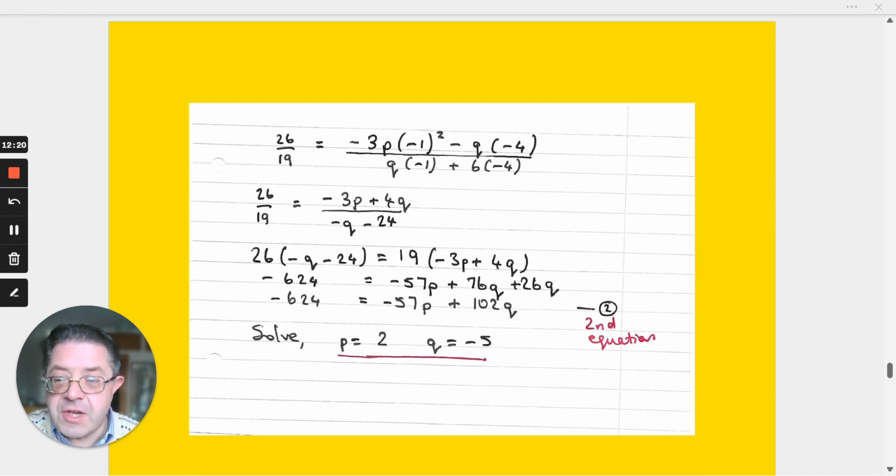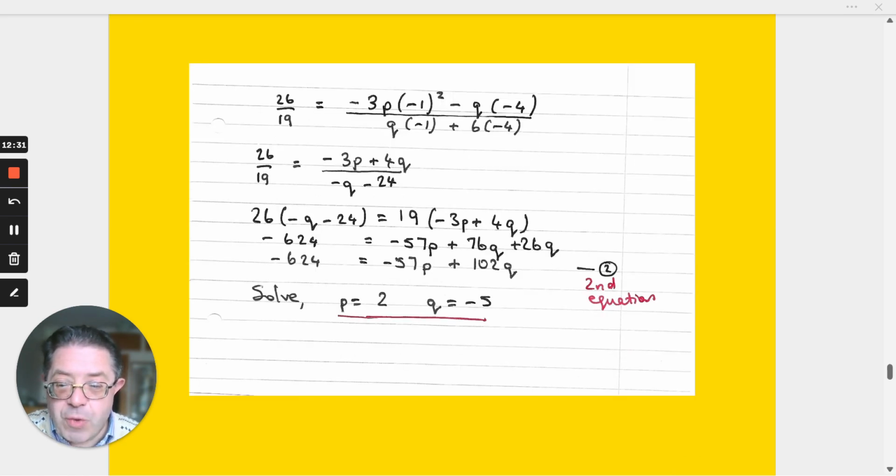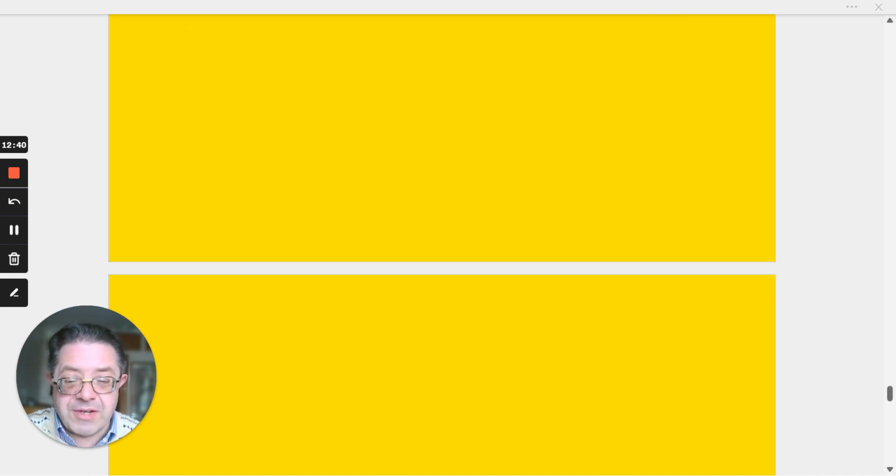So in other words, 26 over 19 is the formula for the gradient with minus 1, minus 4 substituted in. Rearrange that, we get a second equation, and then all we have to do is to solve the two equations to get p is 2 and q is minus 5 as our required answer.